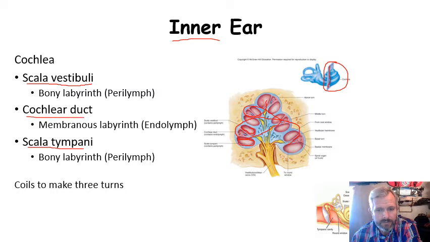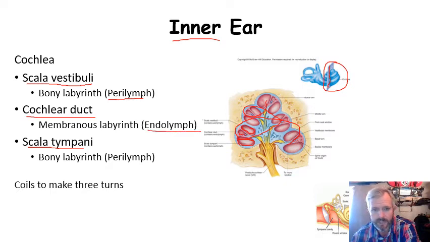This is where we're going to find the organs for hearing, the hair cells, the sensory cells. The scala vestibuli and the scala tympani, the bigger purple structures, have perilymph, which is similar to the interstitial fluid. In the cochlear duct, where the hair cells are going to be housed, we have that endolymph.